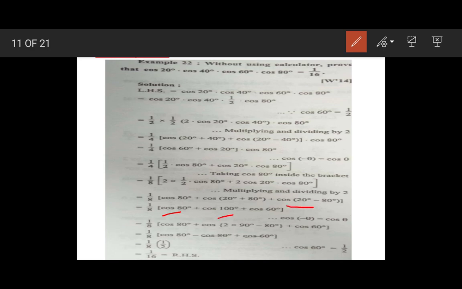Then cos 20 minus 80 means cos minus 60 degree. But cos minus theta is cos theta, so cos minus 60 degree will be simply cos 60 degree, and the value of cos 60 degree is 1 upon 2.